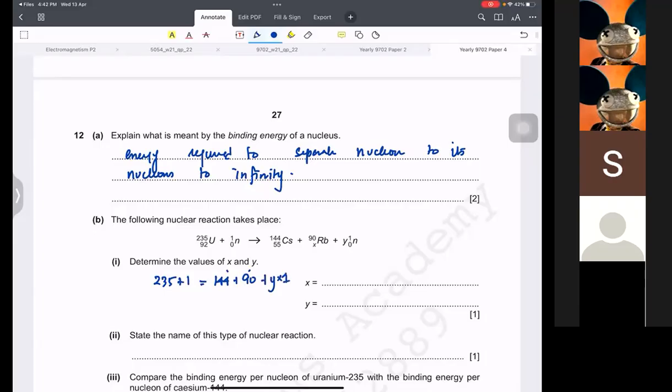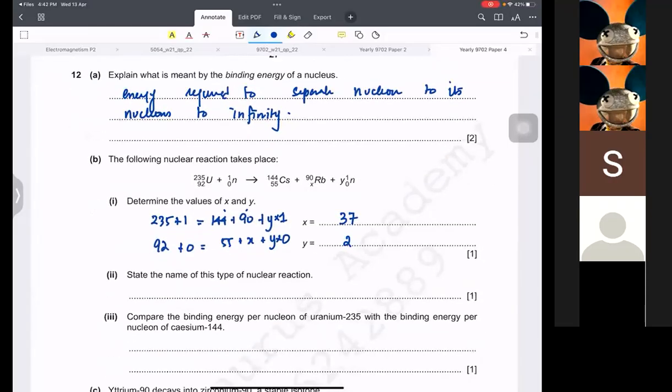So that would be, what was it coming? 37? y is 2. Okay. 92 plus 0 equals 55 plus x plus y into 0. So x will be 37. Yes. Right. Okay.